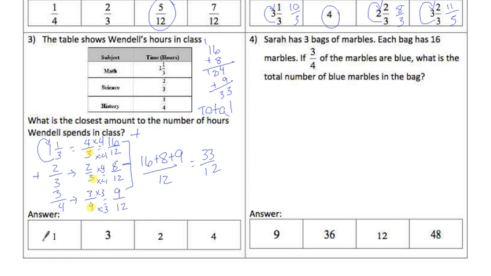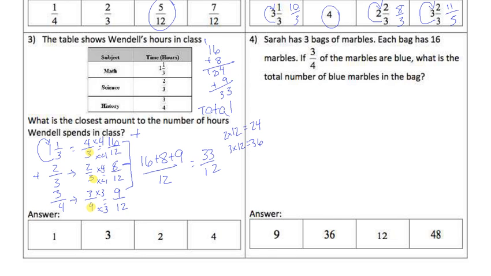Now the problem is here, 33 over 12 doesn't really relate to anything here. So I need to think in my head, how close can I get 12 to 33? Well, 2 times 12 would be 24. 3 times 12 would be 36.